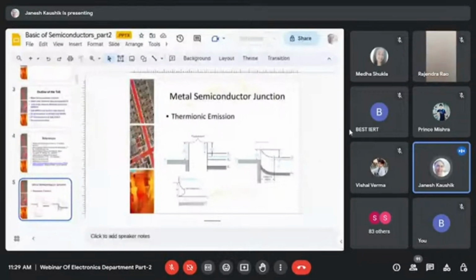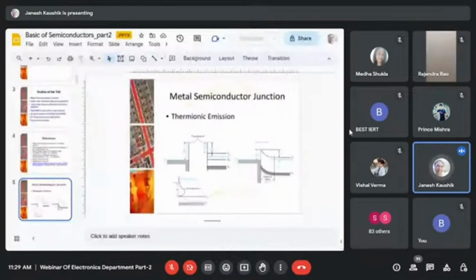So why do we call it a Schottky diode also? Because Schottky gave a particular, very important theory: due to image force barrier lowering, because there are electrons present in this n-type semiconductor, there is an image formation due to the metal interface at that metal semiconductor junction.